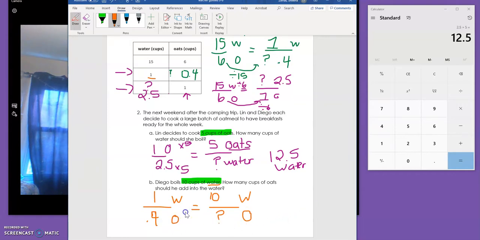And so again, this time, because we're using a unit rate, we're going to scale up. We're multiplying. 1 water times 10 would give me 10 cups of water. So we're going to do 4/10 oats times 10. And we get 4 oats.